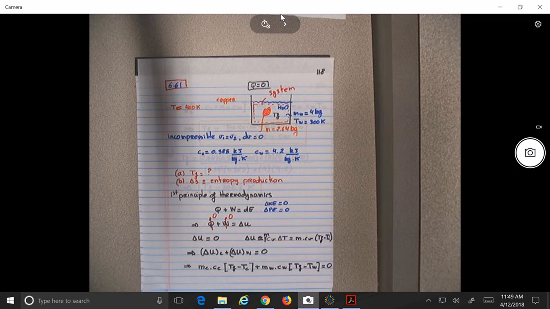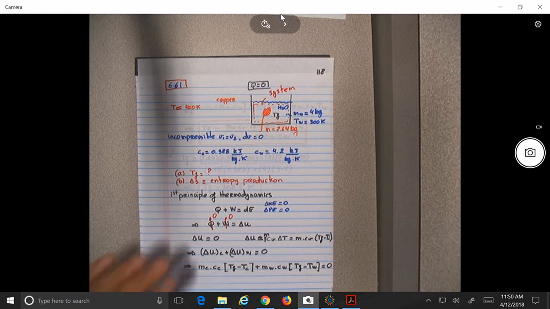If you pull now the copper from the water, is it still going to be at 400? No? And when you pull it out, the temperature of the water is not going to be 300, no? It's probably going to be more. So if we think about the result, should we have the change in entropy equal to 0 or different than 0? Different than 0. This is not reversible, it's irreversible, no?